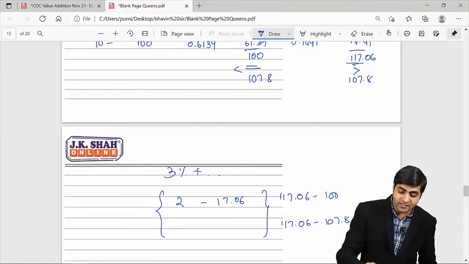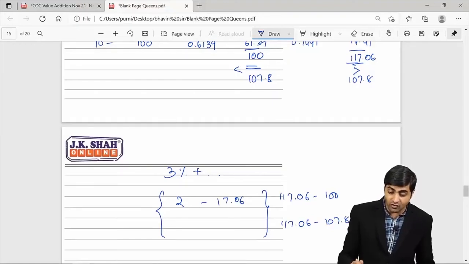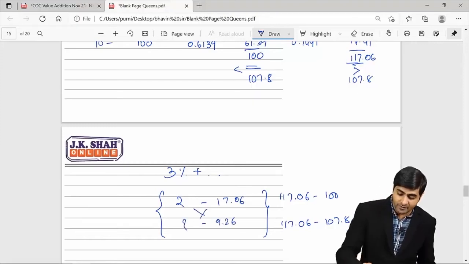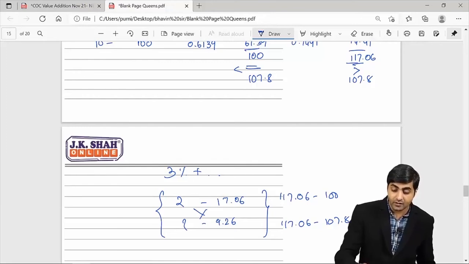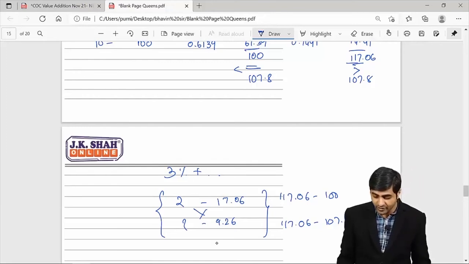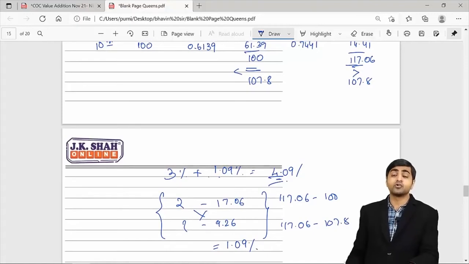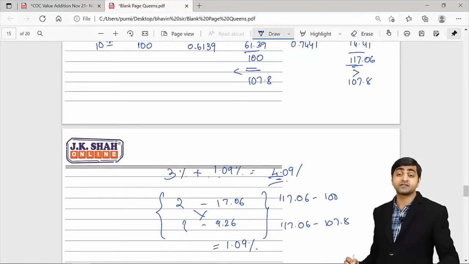So you just have to discount up to the extent of 9.26. So this should be how much? If you cross multiply this, you will be getting ultimately 1.08 or 1.09. So if I add 1.09% to it, this will become 4.09%. So your YTM is nothing but, my dear students, 4.09.